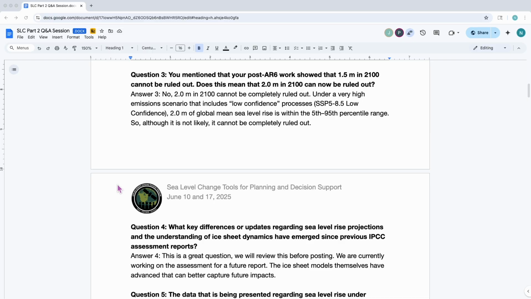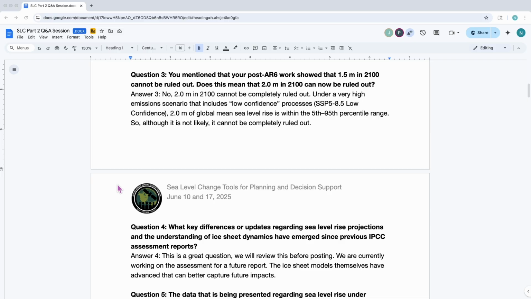And you can actually see this by looking in the IPCC AR6 projection tool at the global mean sea level data. Under a very high emission scenario, that's the SSP5-8.5 scenario, 2 meters of global sea level rise is still within the 5th to 95th percentile range.